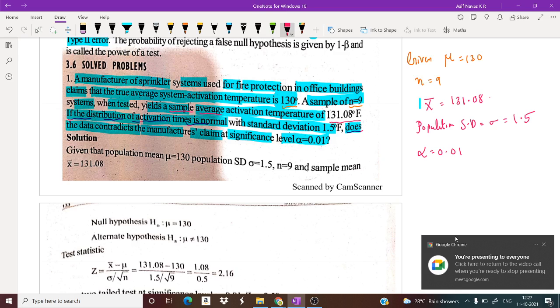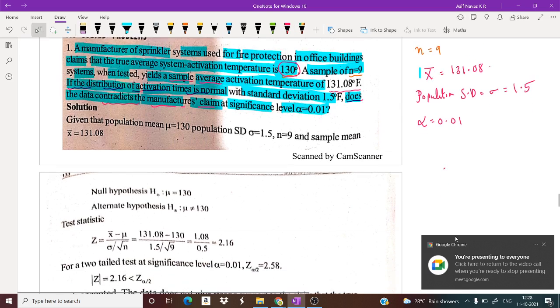The manufacturer's claim is that the mean is 130, and we have to check whether the data contradicts it, that means mean not equal to 130. So H naught is mean equal to 130, and HA is mean not equal to 130. Have we got it?